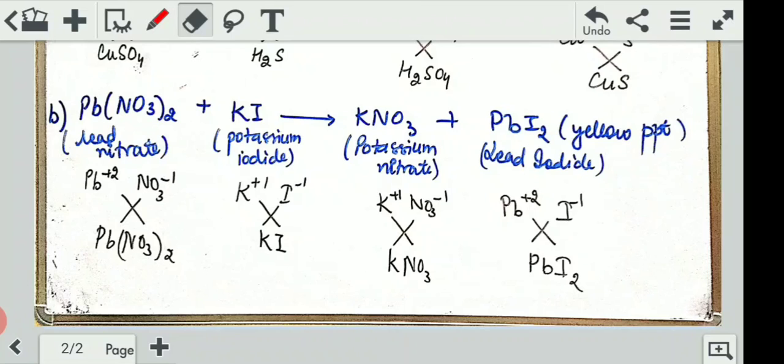Compound formation will always occur between two different valency charges, right? One should be positive, the other should be negative for a compound formation to take place. As I told you, opposites will nullify each other. So this is how it happens. Lead is a metal, potassium is also a metal. Nitrate is a non-metal, as well as iodine is also a non-metal. Therefore, iodine will combine with lead and nitrate will combine with potassium.